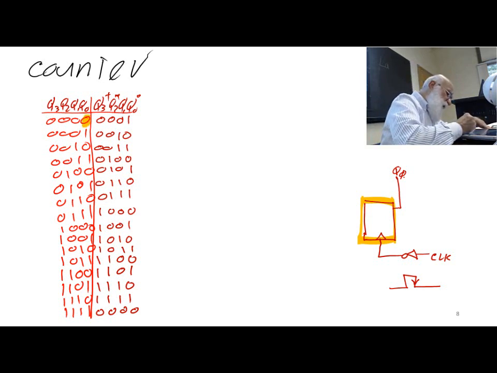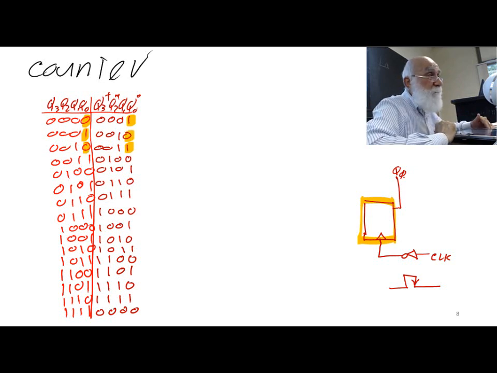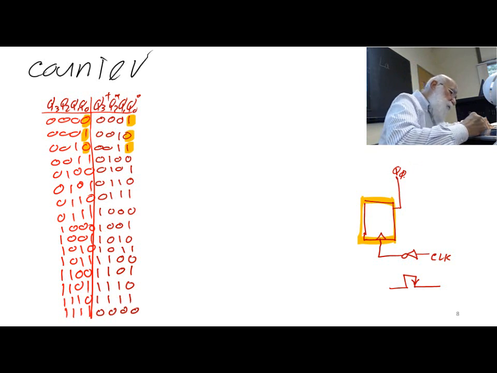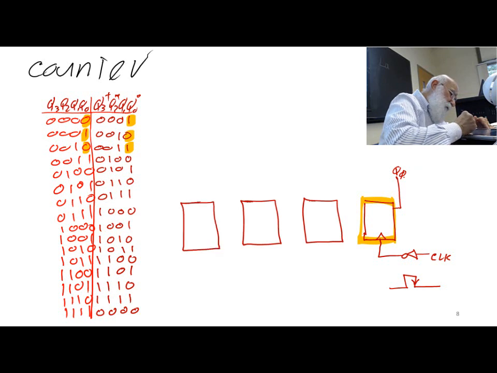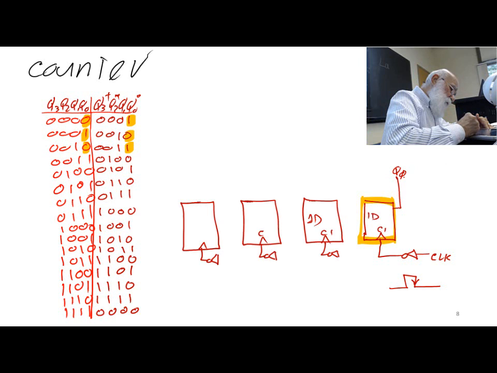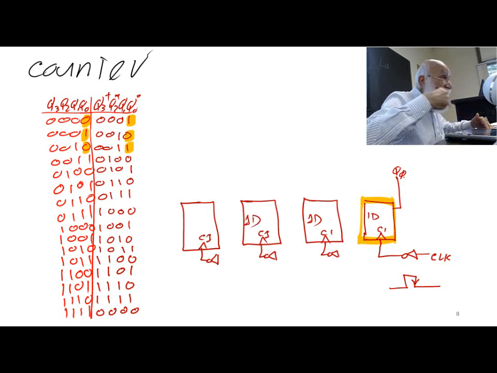Okay, and here I'm seeing this is toggling, this is toggling, this is toggling. Now bit number 1, the next bit, the next bit, and the next bit. The reason I'm using this inverter is because I do want a falling edge flip-flop.